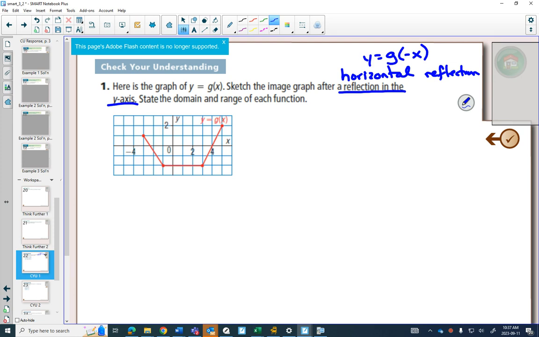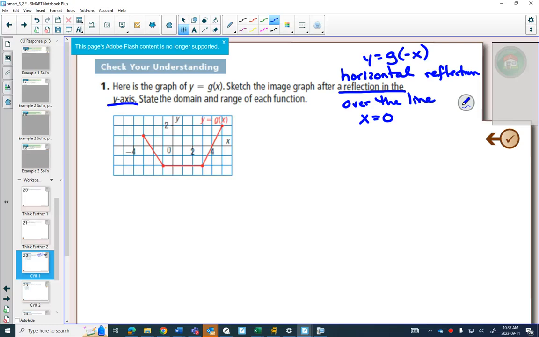That would be a negative inside of the function. And I'm also going to write over the line x equals 0, because x equals 0 is another name for the y-axis.